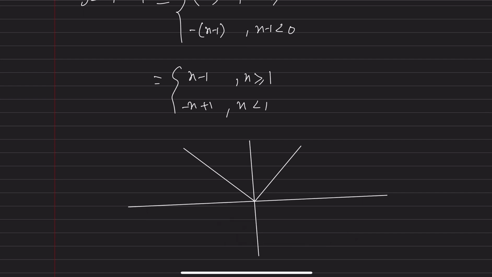So x minus 1 means it is going to shift to this side, right? So this is going to be y equal to x minus 1. So x minus 1 is going to be this, and y equal to minus x plus 1.